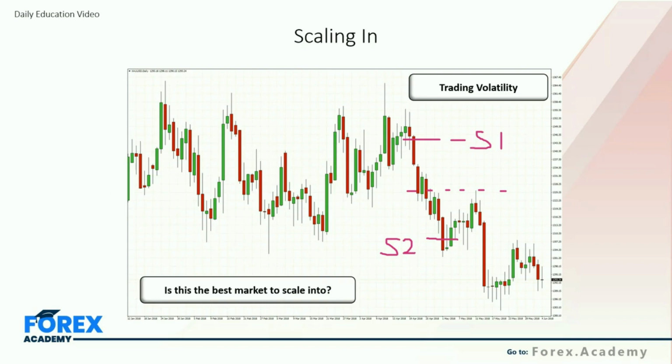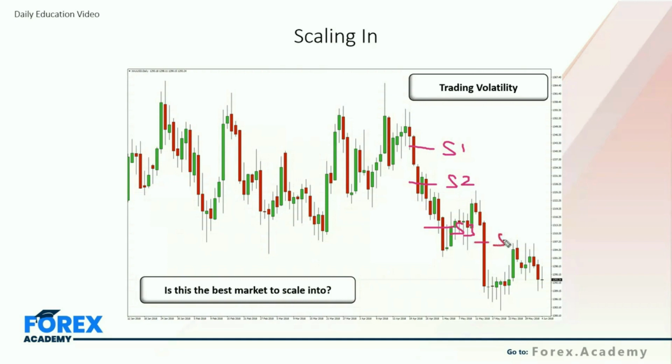If they're performing well for you, you can, of course, gain that exposure, but there's simply no point to look to scale in and purchase a market or take the same position in the market 3, 4, 5 times when the market isn't trading the way you want it to. Let's say, for example, we take a short position here at S1, again here at S2, and again here at S3. And as the market pulls back, we just avoid this volatility.